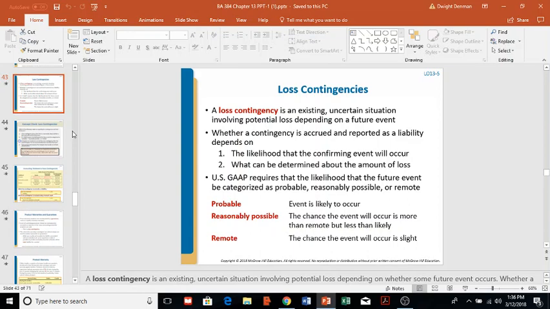The most obvious situation is a party who has sued you in a cause of action against you, and the cause of action is still pending. It hasn't been resolved either by settlement between the parties or some sort of jury trial.